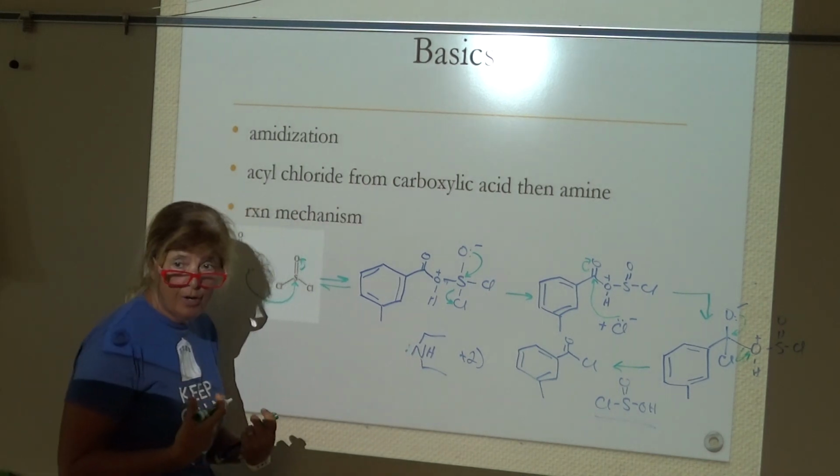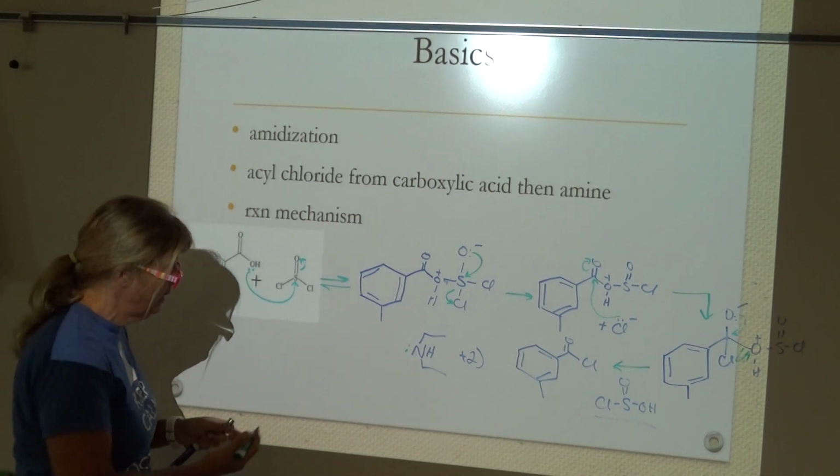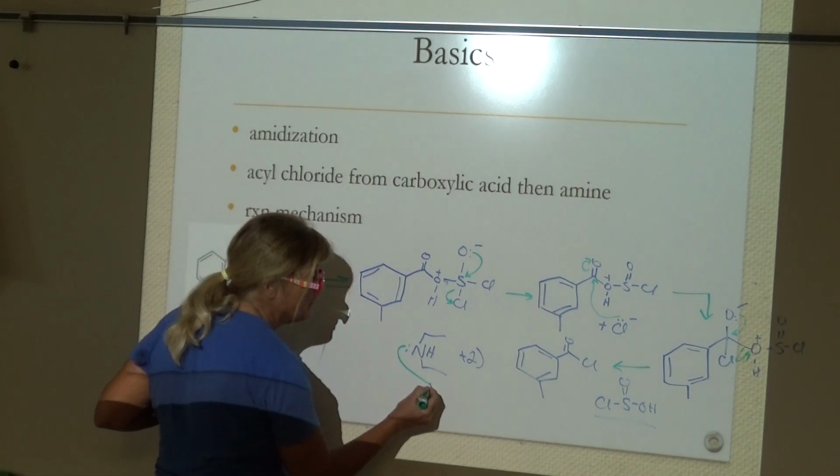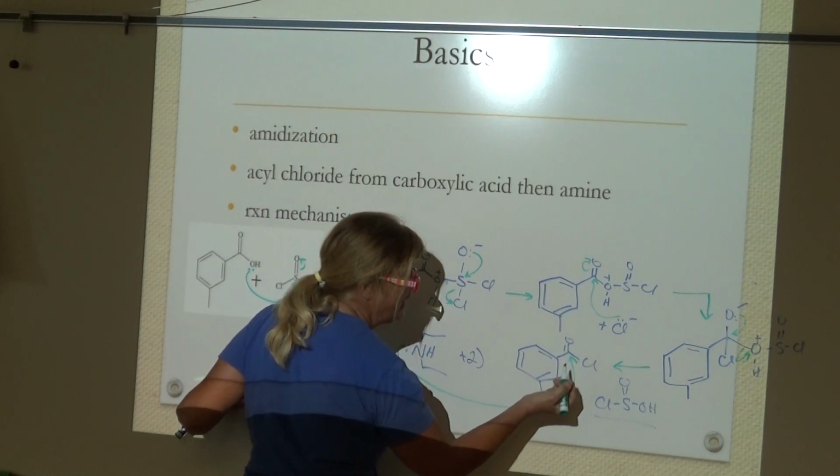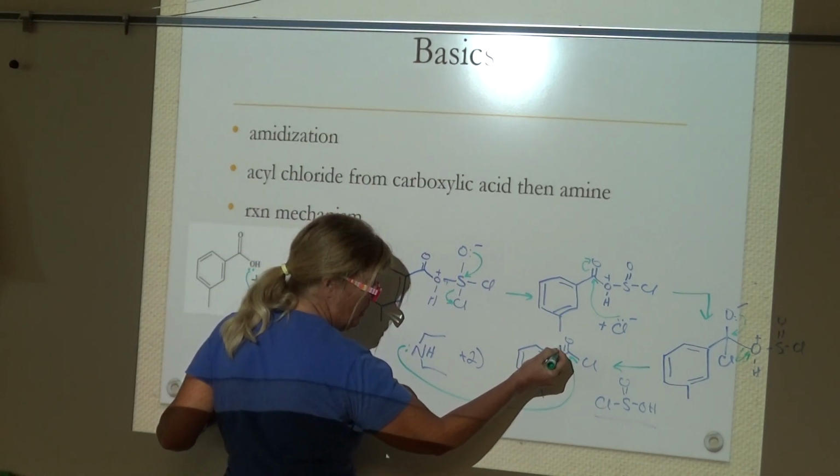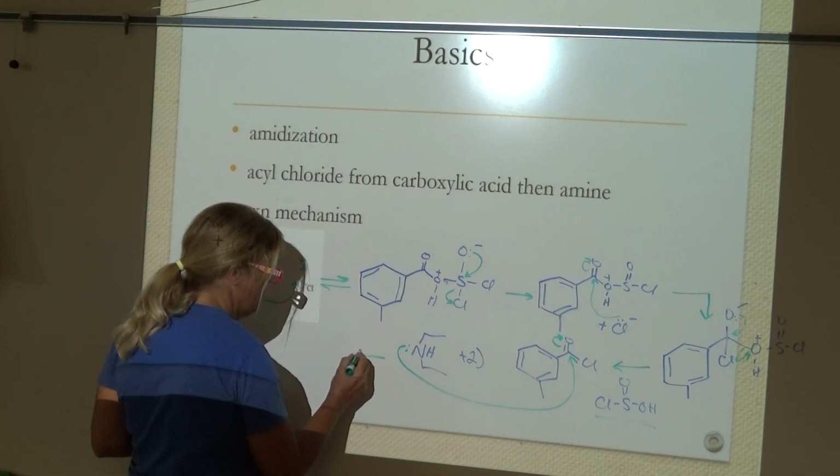Here again, nitrogens are actually even more basic than oxygens. So we're going to take the electrons from the nitrogen, add them to the acyl carbon, and kick the electrons up.